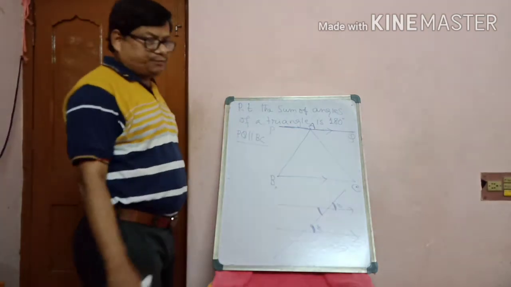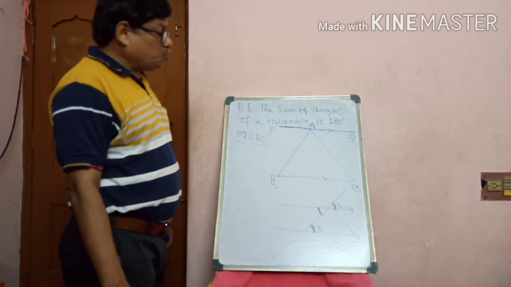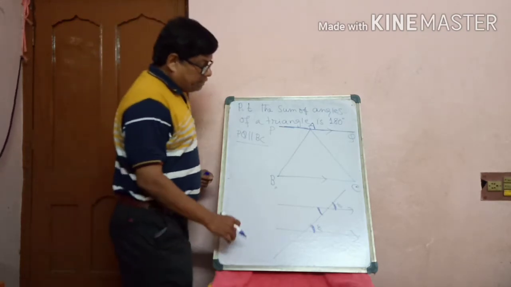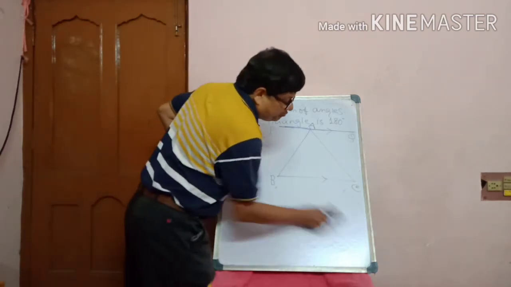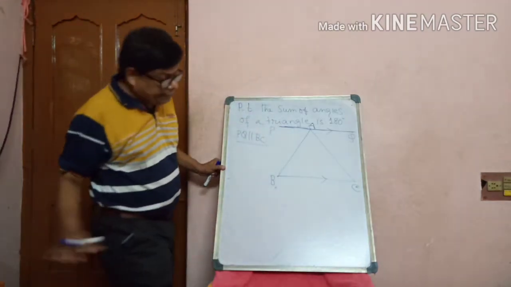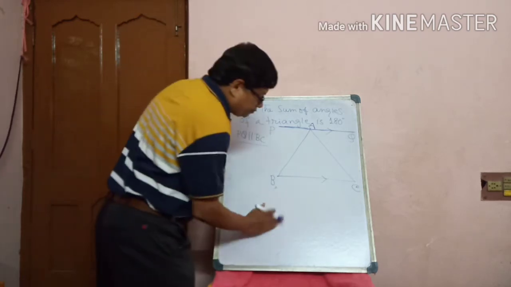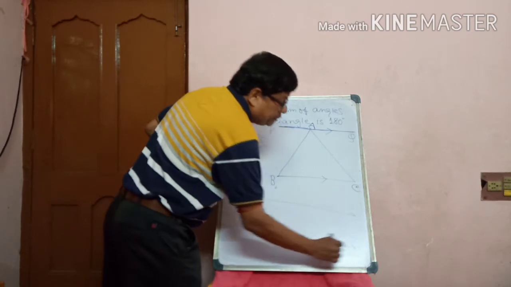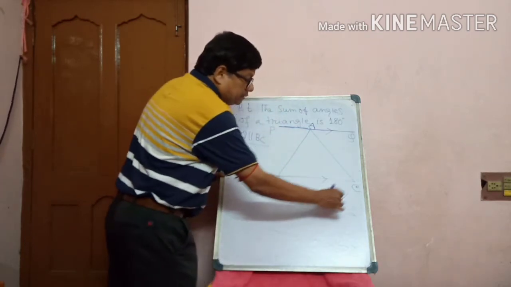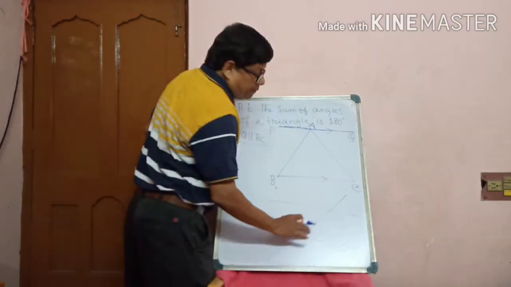Again, sum of the co-interior angles. Look at here, co-interior angle I'm telling. Suppose these two are parallel, given. So this is the transversal.